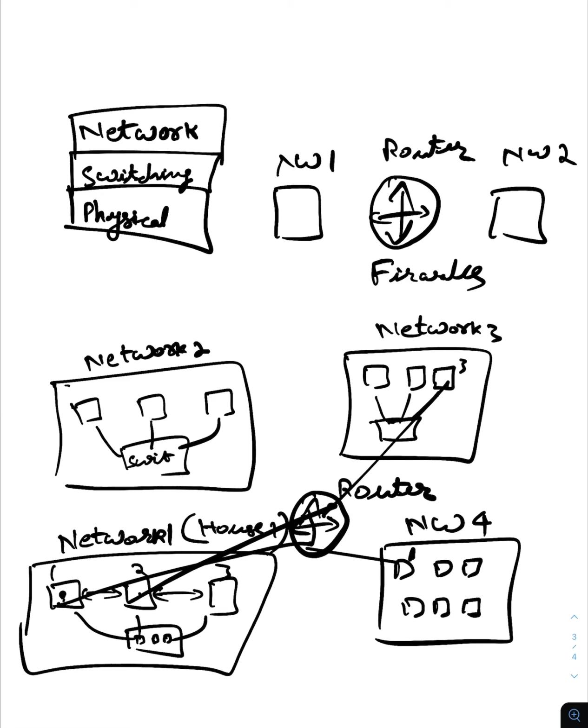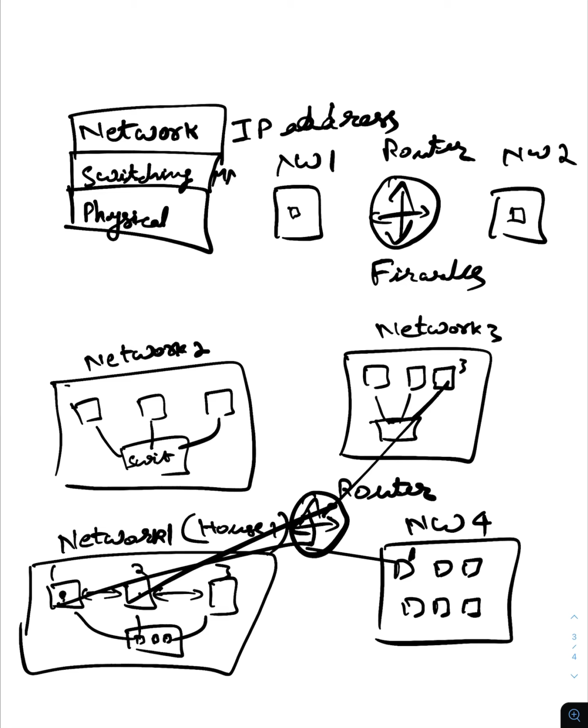So if you want to request or talk from one computer in network 1 to another computer in network 2, there is a router in between, and these two computers in different networks send the packets using something called an IP address. So here comes the IP address.